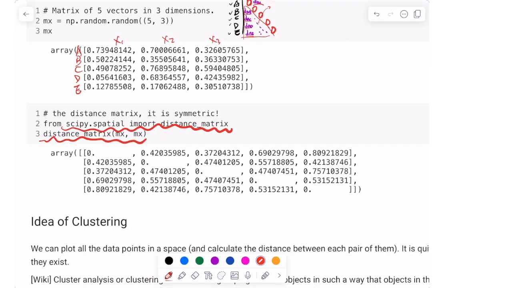Because we have 5 data points, the distance matrix would be 5 times 5. You can see that the diagonal value is 0, because the distance between A and A is 0, and that it is symmetric. After that, you can obtain the distance matrix.